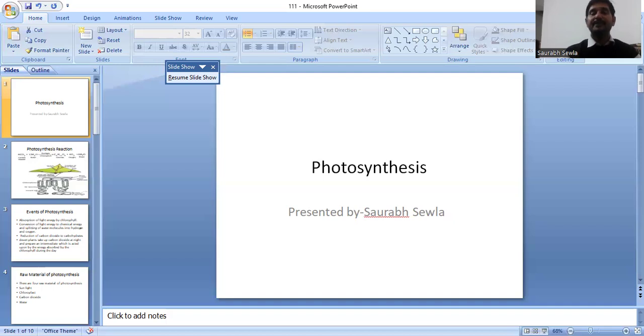So the potassium ions come out from the guard cells to the epidermal cells, and water does the same. Water molecules also come out from guard cells to epidermal cells due to the hypertonic environment, presence of hydrogen ions inside the guard cell, which makes the abscisic acid. So the stomata get closed. So these are the activities of how stomata open and close. They depend upon the water movements through osmosis, right?